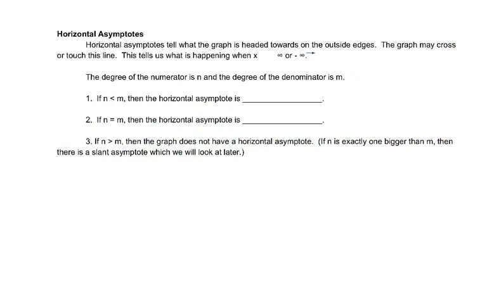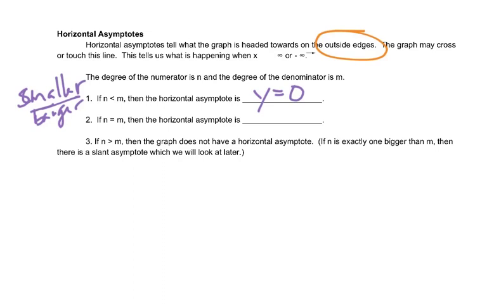Horizontal asymptotes are like magnets, but they tell what happens on the outside edges, and they are based on the degree. So if the degree of the numerator, the top, is smaller than the degree on the bottom, then the horizontal asymptote is y equals 0. So again, that happens when the degree in the top is smaller than the degree on the bottom.